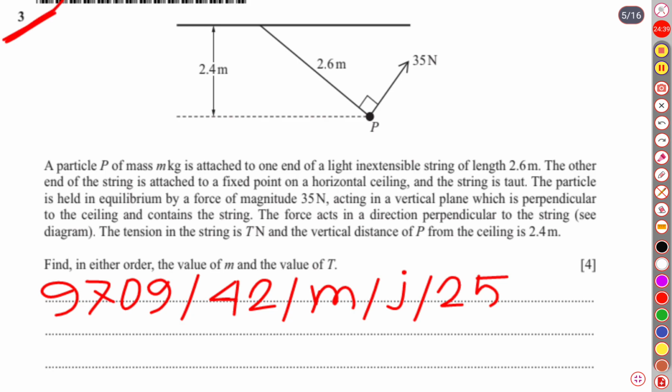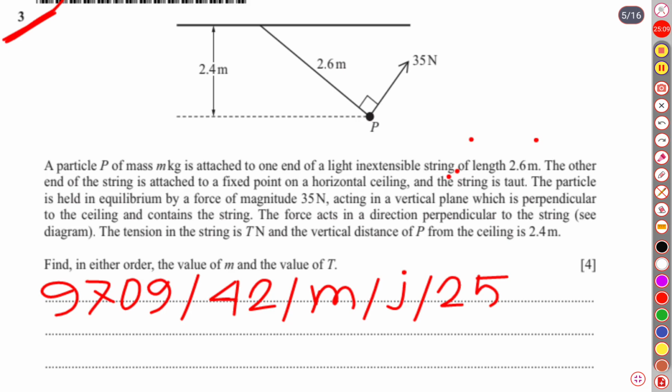A particle of mass m kg is attached to one end of a light inextensible string of length 2.6 meters. The other end of the string is attached to a fixed point on a horizontal ceiling and the string is taut. The particle is held in equilibrium by a force of magnitude 35 Newton acting in a vertical plane which is perpendicular to the ceiling and contains the string.